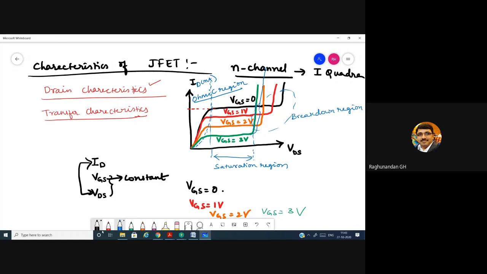Now I have a question. I want to use this JFET as an amplifier. Can anyone tell me in which region I should operate this JFET to use it as an amplifier? Ohmic region, sir. Yes, correct. Good.